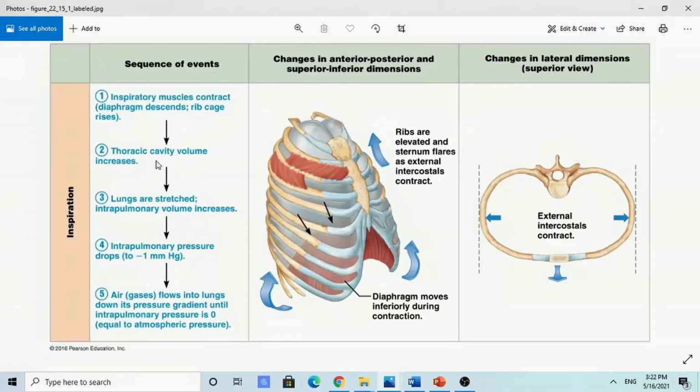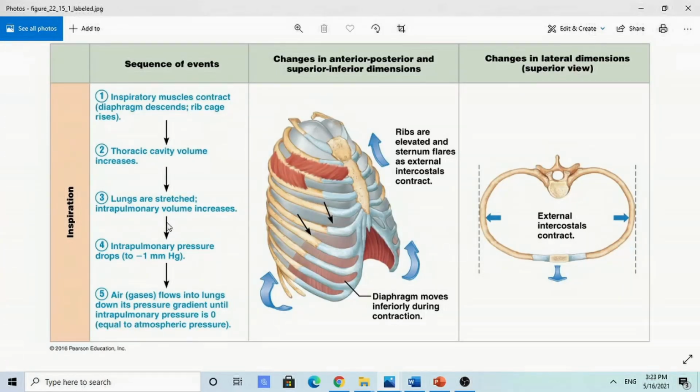As the volume of the thoracic cavity increases, lungs stretch and pressure within lungs decreases and becomes lower than atmospheric pressure. And we said gas moves from higher pressure, which in this case is in the atmospheric air, to lower pressure in the lungs, so a gush of air starts to flow from the atmospheric air into our lungs. This is how inspiration takes place.